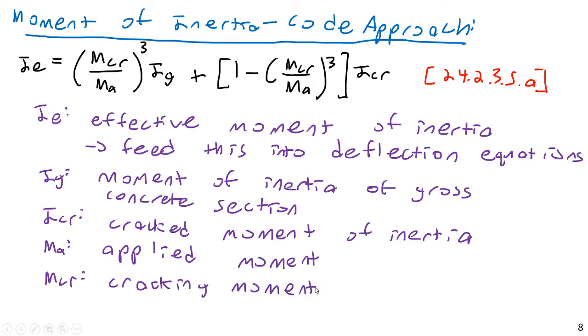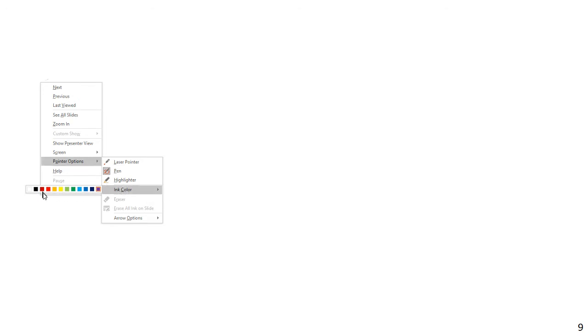Cracking moment, okay. So I do want to describe this a bit. I can't recall if we've talked about this before, but I'll just go ahead and repeat it here. M_cr is the cracking moment. This is the last piece that we need for our initial deflections. The formula for this is going to be f_r.